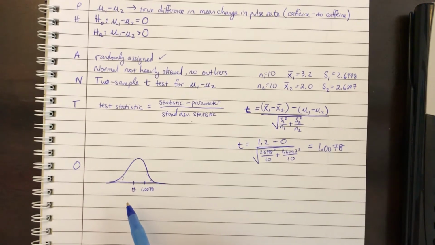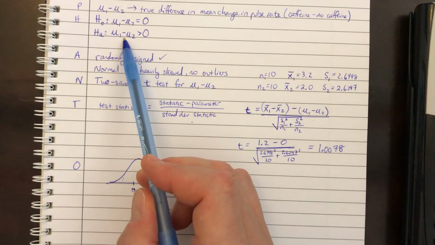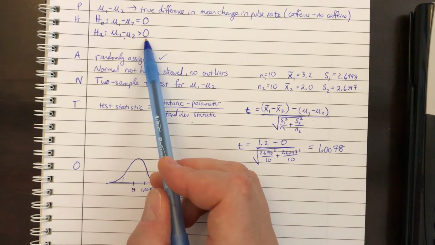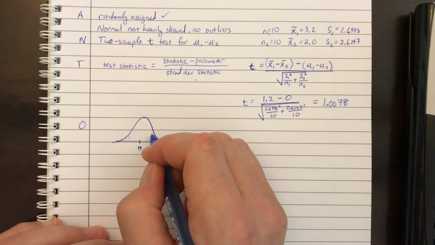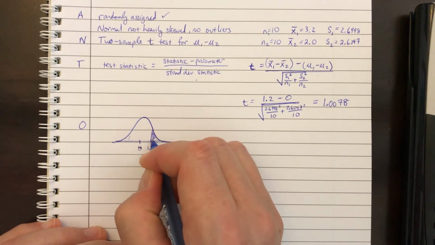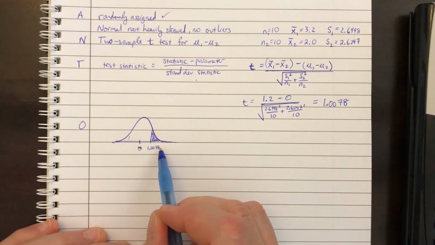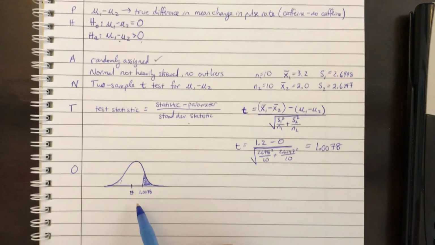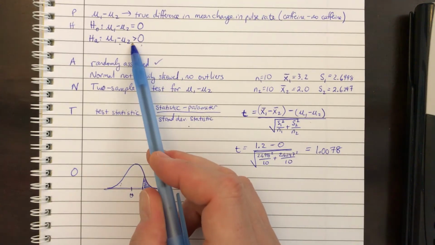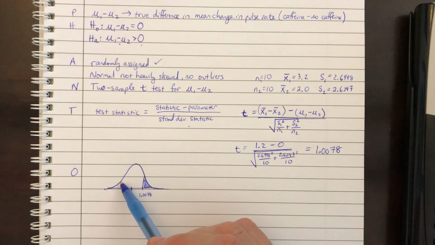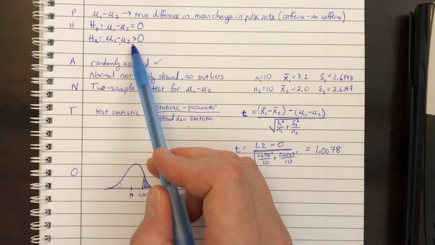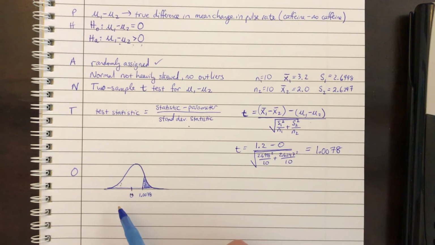If our alternative hypothesis is that the difference is greater than 0, then we're only going to look at the right tail, where we have our greater values. If the alternative was less than 0, we would only look at the left tail, where we have the lower values. If this was not equal, we would have to look at both tails.